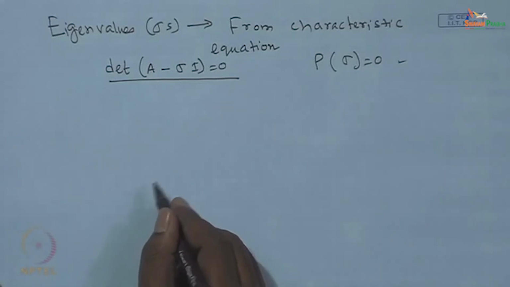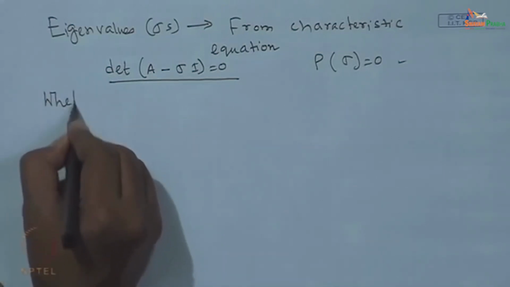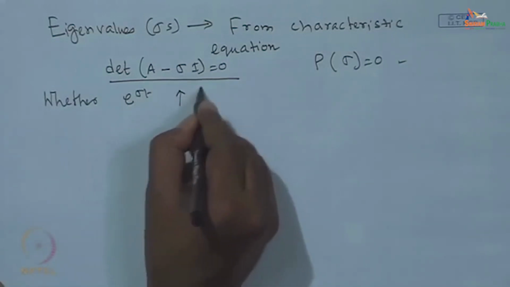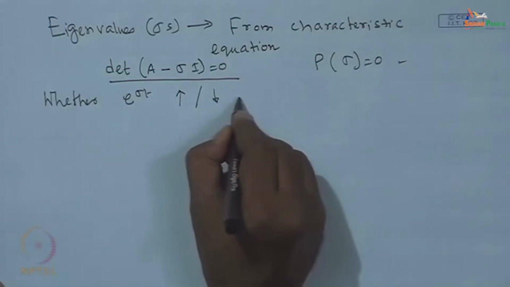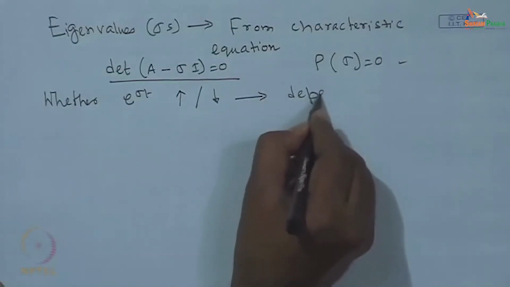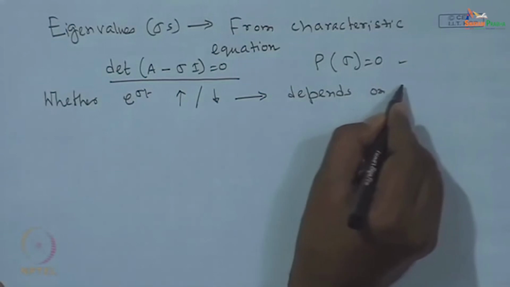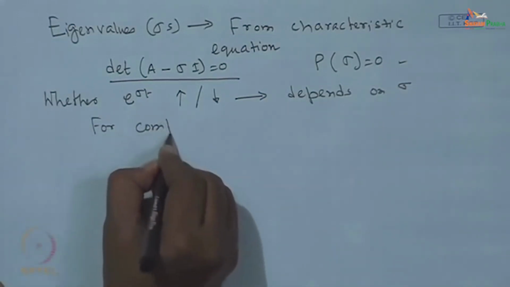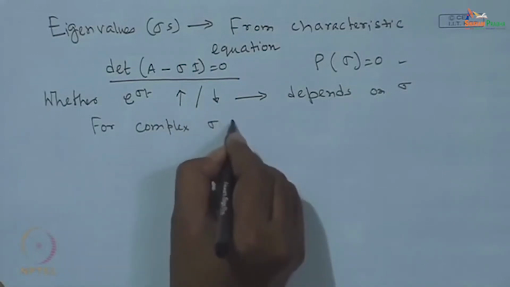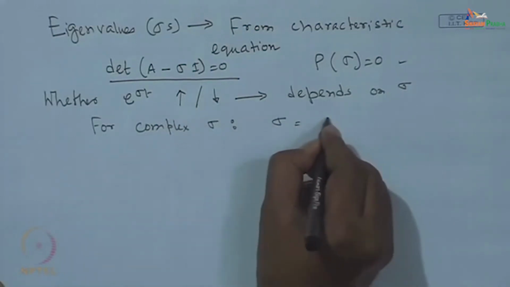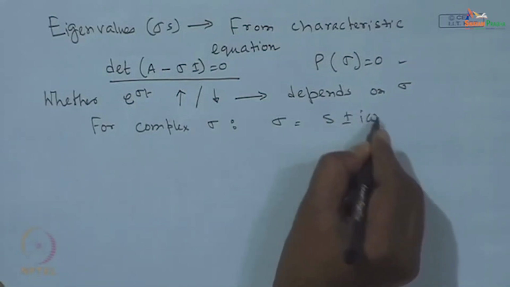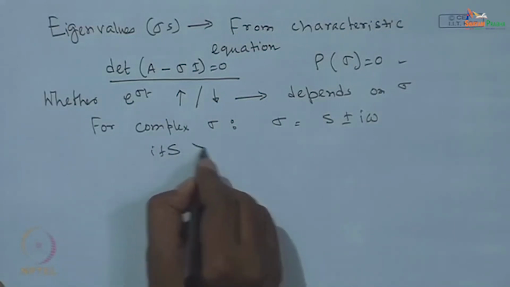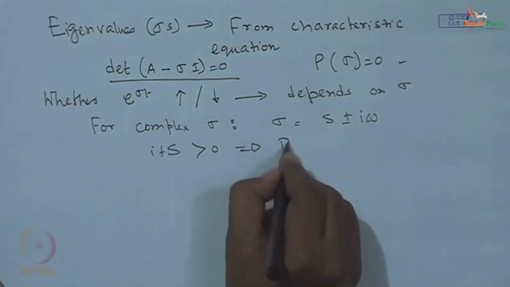So, whether e to the power sigma t increases or decreases entirely depends on sigma. For complex sigma, the roots will occur in the form of complex conjugates, and if the real part of sigma is positive, then the perturbation grows.